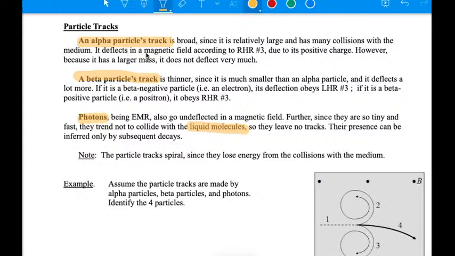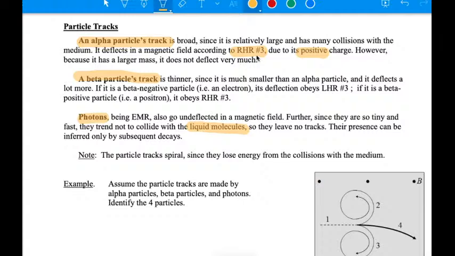It deflects in the magnetic field according to right-hand rule 3. So remember, our thumb is the particle's direction. If we're working with positive, because alpha particles are positive, we're going to use a right hand. For a negative, we use left.